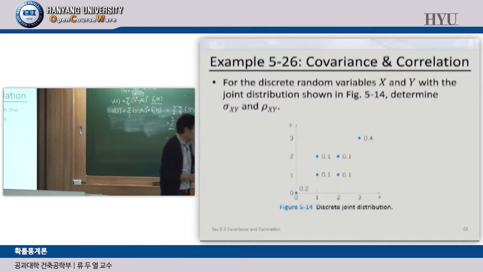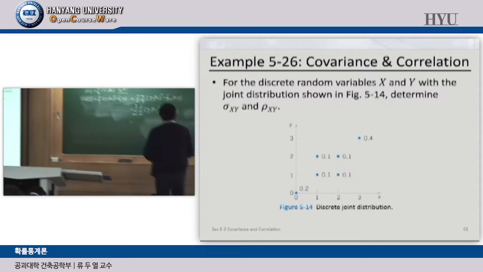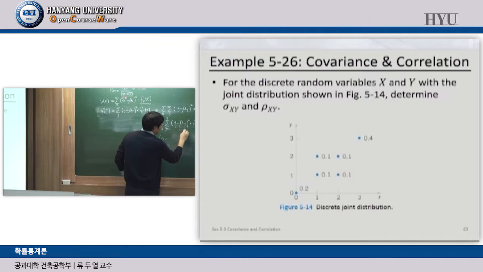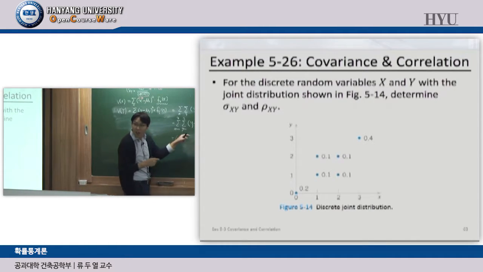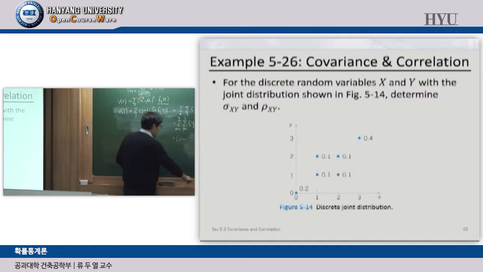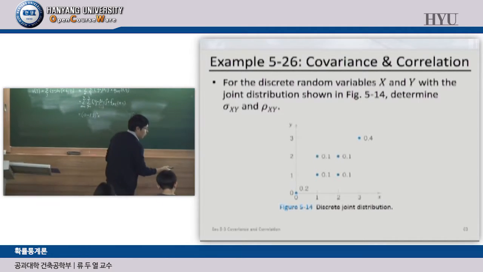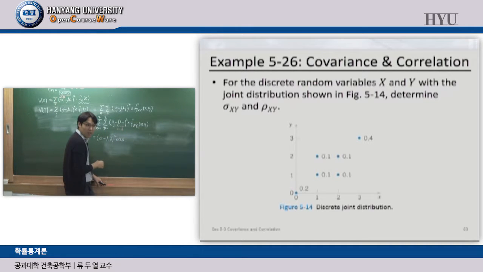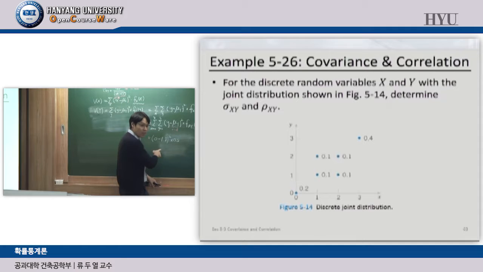So when y is equal to 0, 0 minus, what is this? Mu y is equal to 1.8, okay? We have already calculated this in the previous class. So 0 minus 1.8 squared by, we have only one joint probability mass function when y is equal to 0 here, that is 0.2, okay?